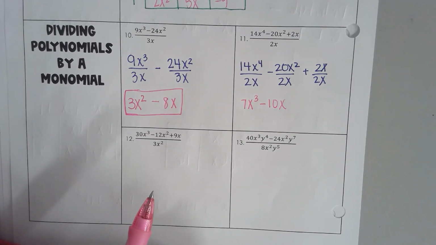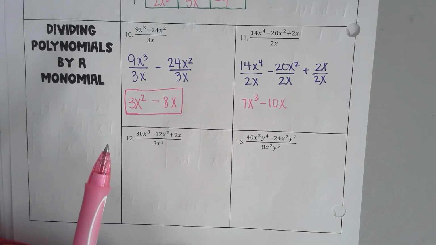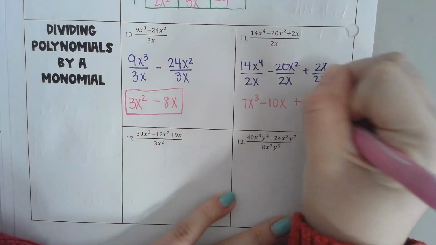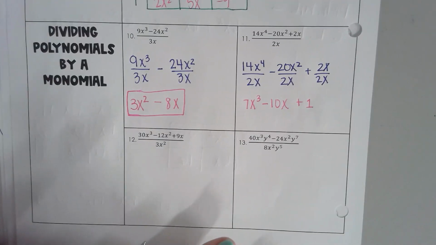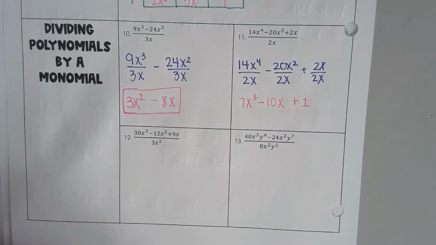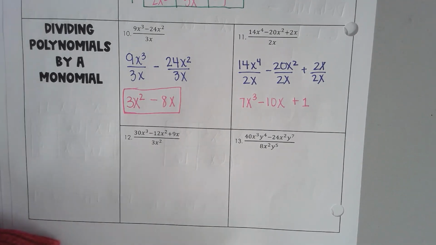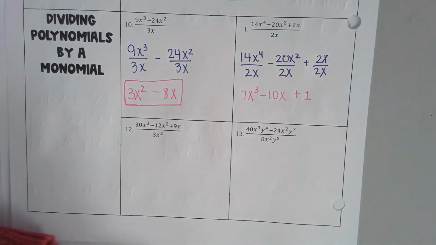It does all cancel out, so what do I put there? Anything? Plus 1. Anything, when you divide anything by itself, it is plus 1. Because 2 divided by 2 is not 0. 2 divided by 2 is 1. The x's would be x to the 0. Technically, they cancel. X to the 0 is 1. So 1 times 1 is 1. So 1.